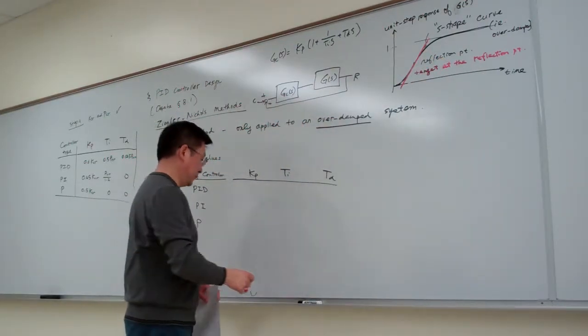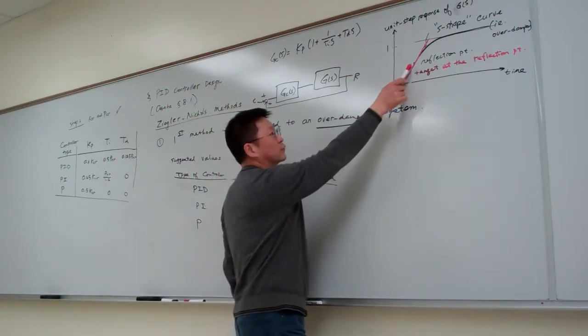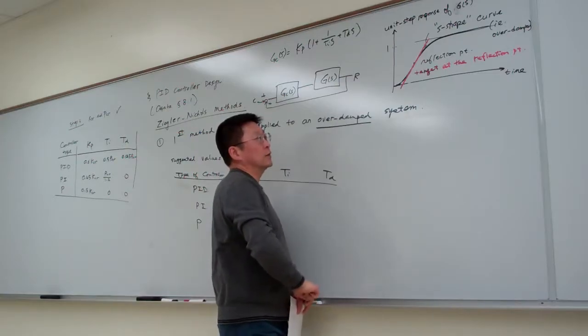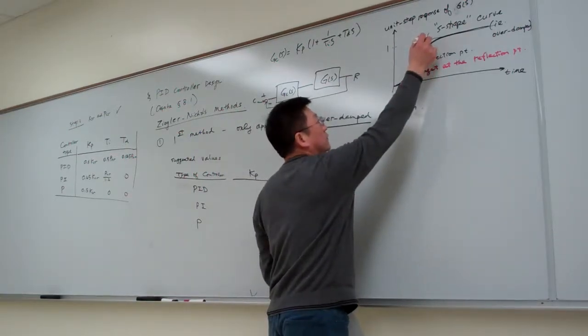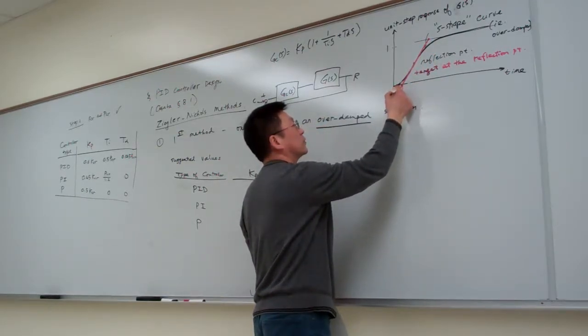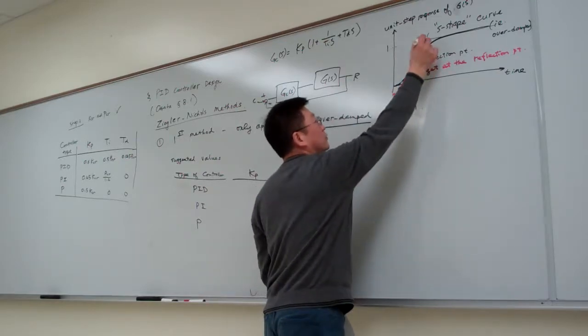Basically, at the reflection point, you draw the tangent to this S-shaped curve, and from here you should be able to identify one intersection with one axis and another intersection here. So here you'll be able to identify two parameters.